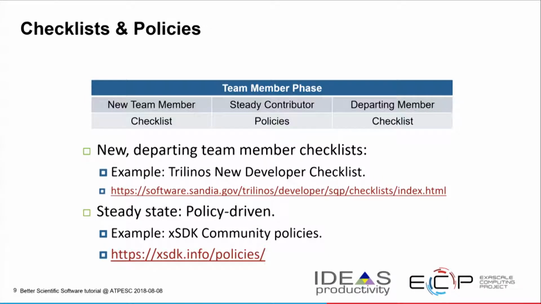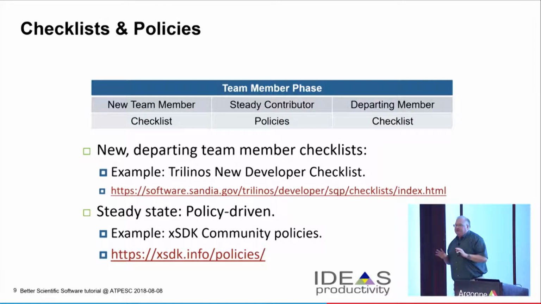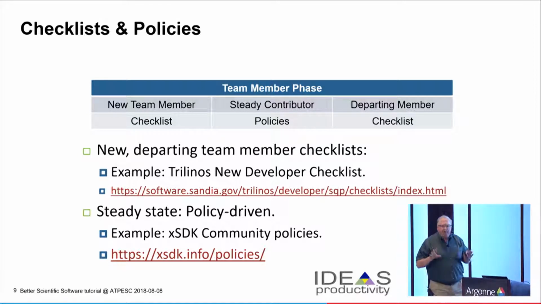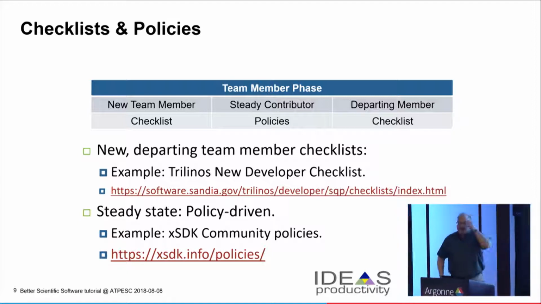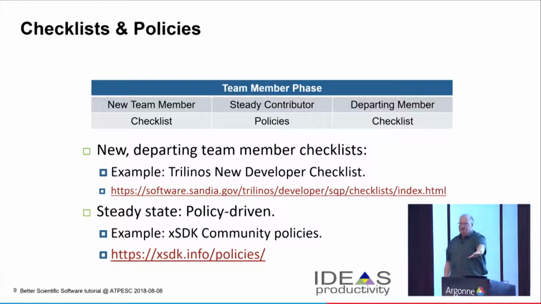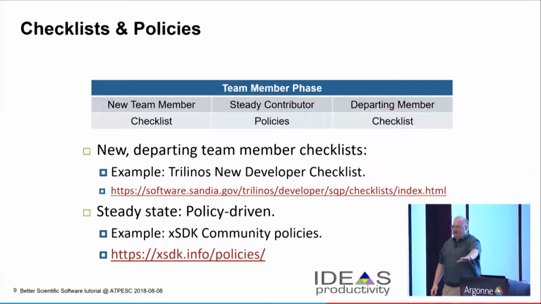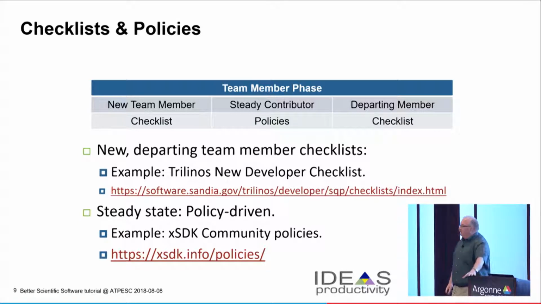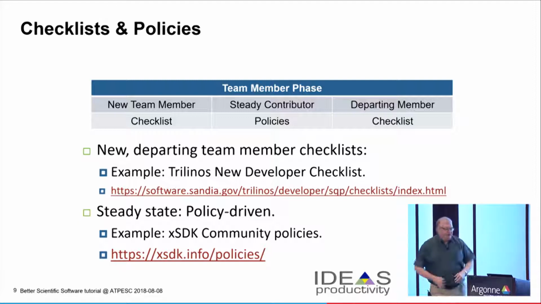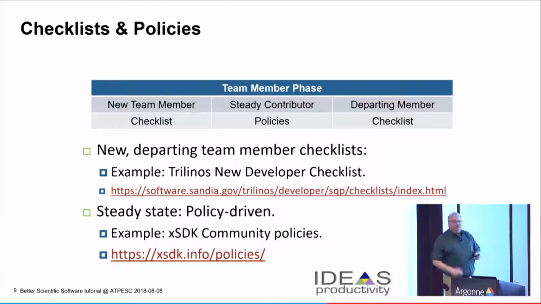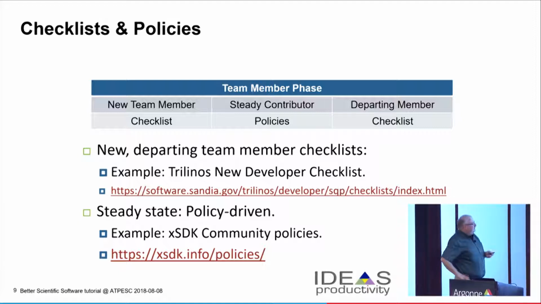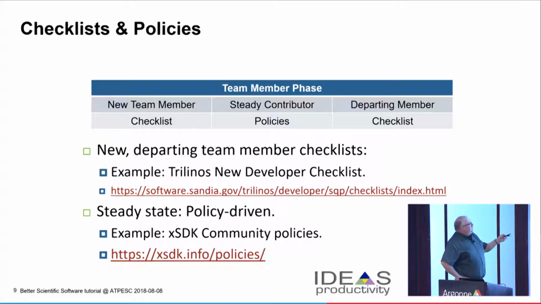So, as I said, I find checklists and policies to be really useful tools. They sound simple, but they do a couple things for you. First of all, they get things out of your head and put them down in a form that everybody can look at, everybody can contribute to, and everybody can have a hand in improving and making sure they get used and executed, right? So if you're a new team member, you might have a checklist for onboarding those people.